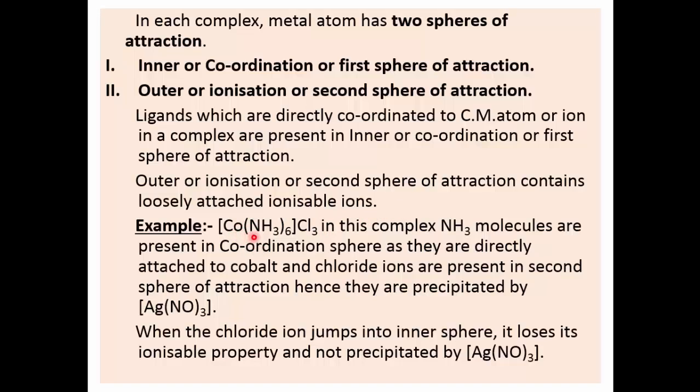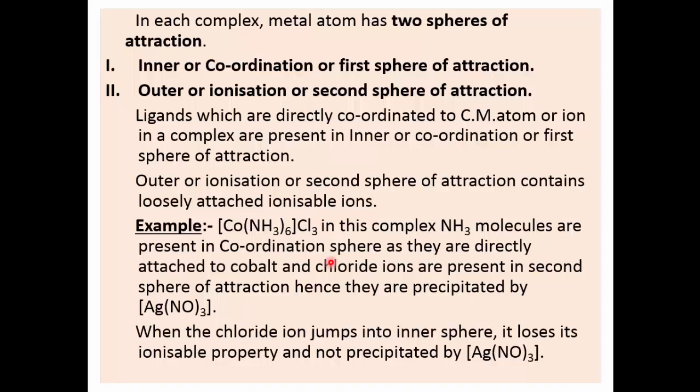So this is the formula of that compound. Cobalt is attached with 6 secondary valencies, 6 ammonia molecules. They are written inside the square bracket, while 3 chloride ions are written outside the square bracket. This indicates that in the coordination sphere there are 6 ammonia molecules.